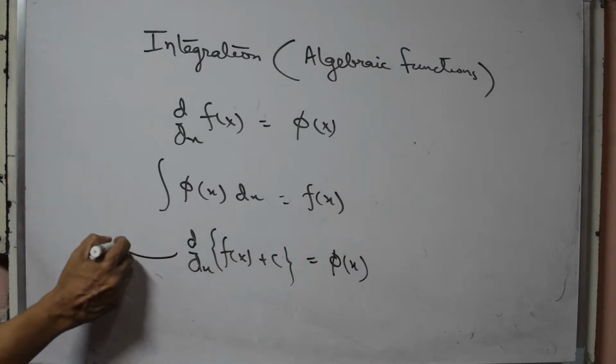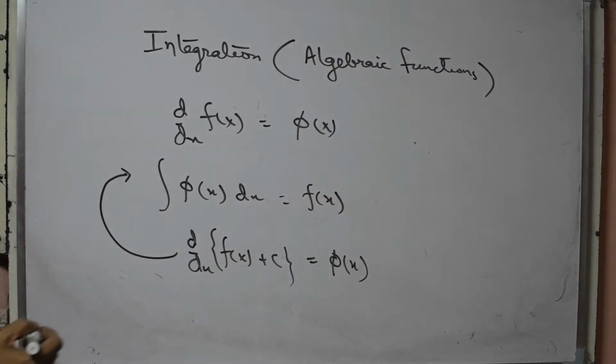So when we integrate, we must add a constant c at the end of the integration. This c is called the integration constant or an indefinite constant. So this idea of integration, what we are now discussing, is indefinite integration.